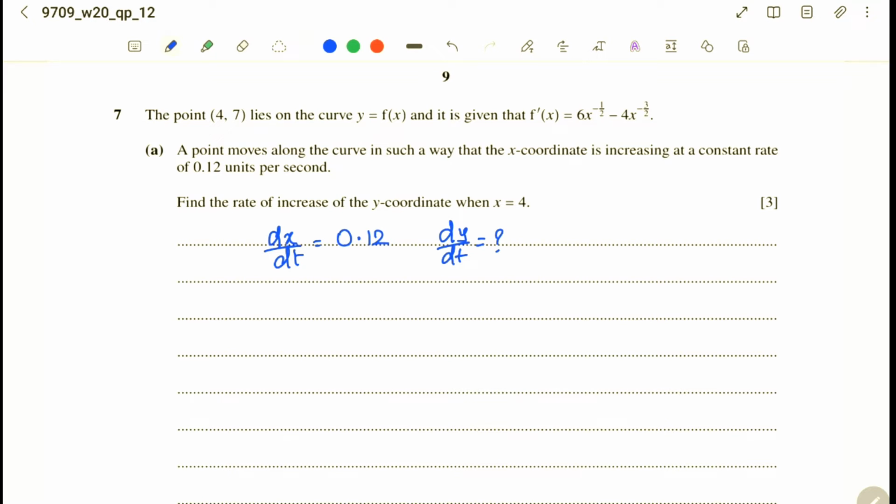And f dash of x, that is dy by dx, is given as 6x to the power minus 1 over 2 minus 4x to the power minus 3 over 2. So find out what is dy by dx when x equals 4.